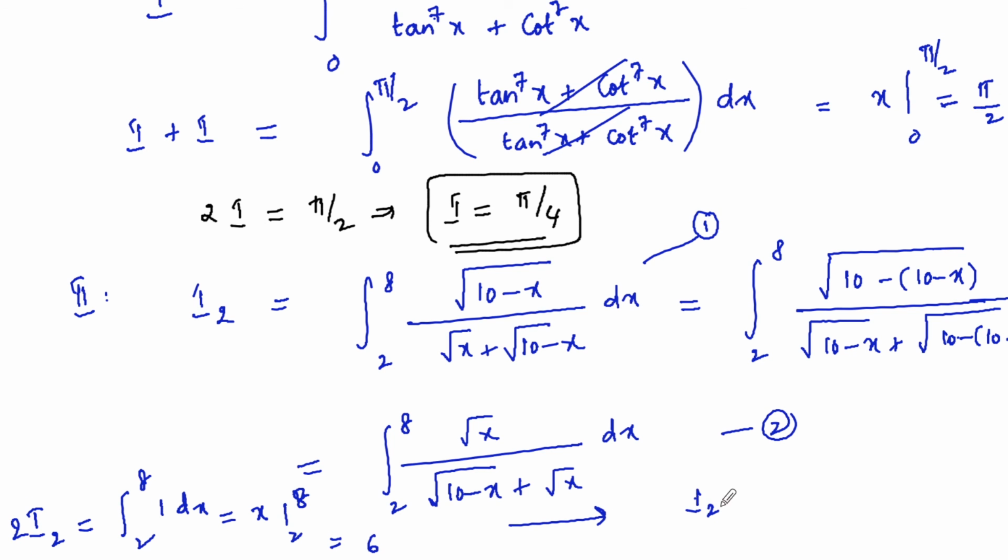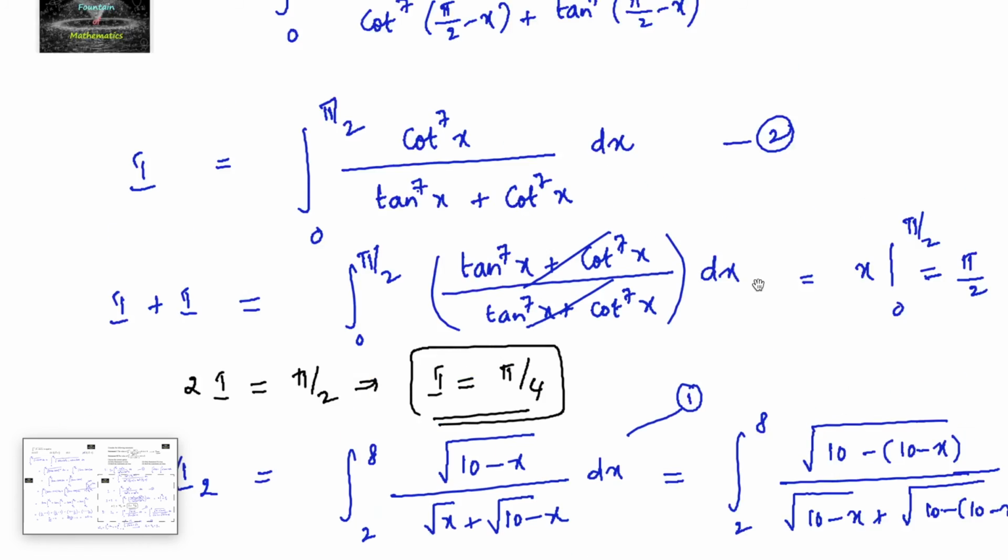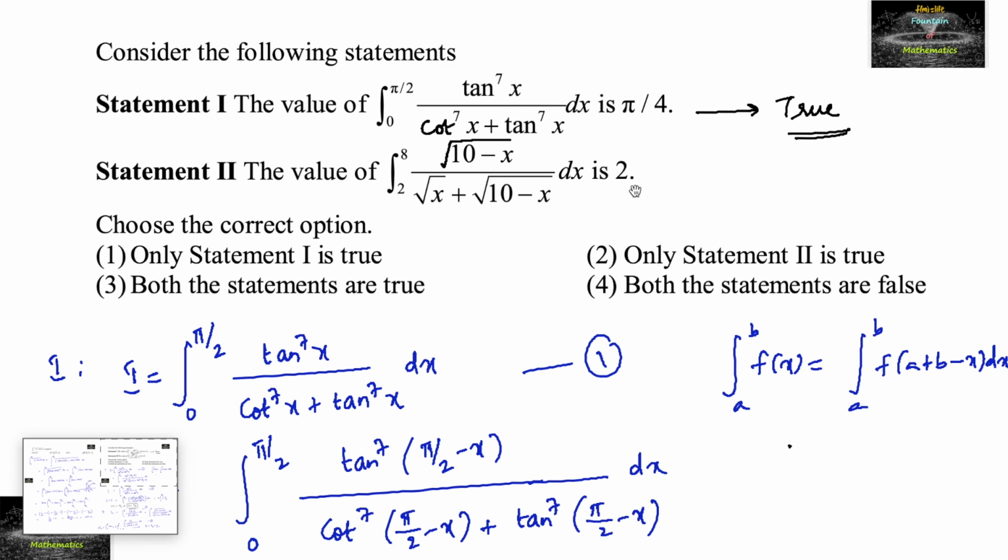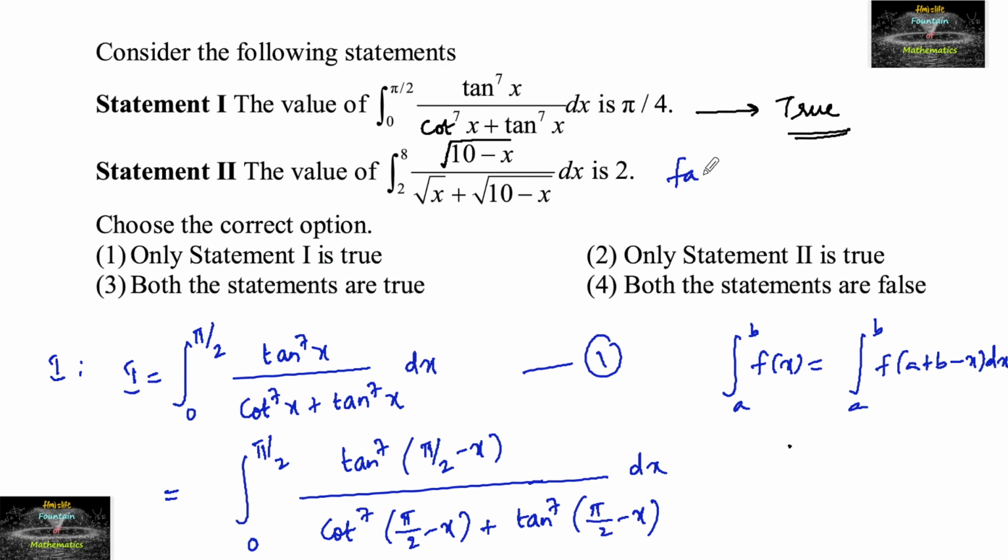So our integral I2 is equal to 6 upon 2, which is nothing but 3. But it's given here the answer is 2, so this is false. So we can say that only statement 1 is true, first option.